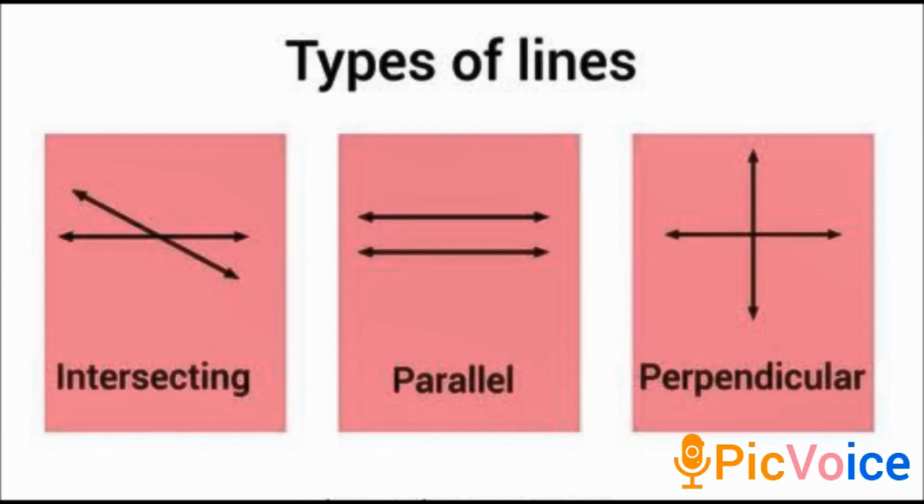Next, perpendicular lines. What is meant by perpendicular lines? The intersecting lines making right angles at the point of intersection are said to be perpendicular lines. I hope you have a clear idea about what is meant by intersecting lines, parallel lines and perpendicular lines.